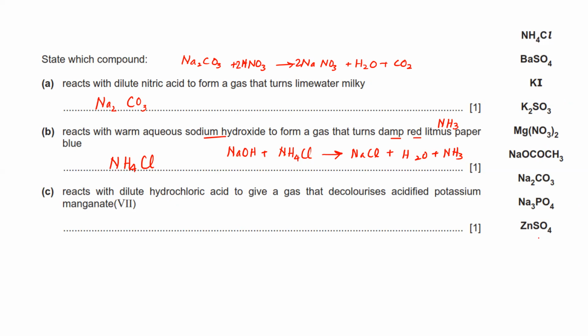So we have one sulfite, we have two, and we have three. And the best answer for this is potassium sulfite because that is the most soluble one we get. So K2SO3 will be the best choice for this case.